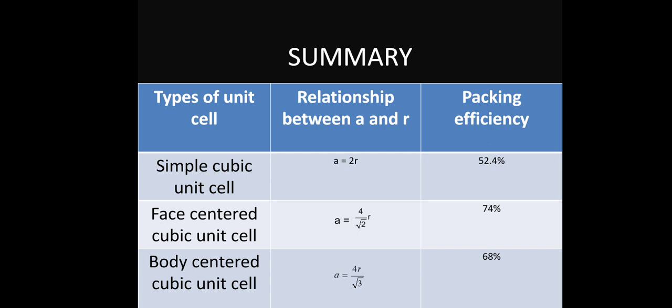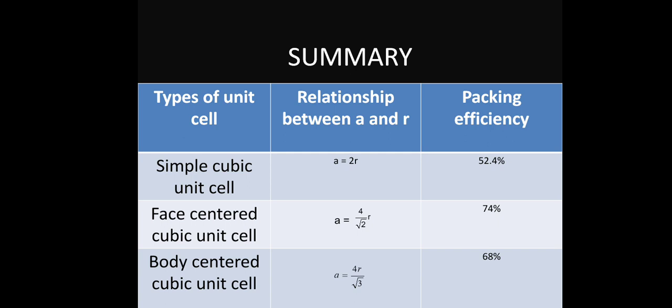Many questions are asked relating to this particular relationship. So A will be equal to twice R, and the packing efficiency for a simple cubic unit cell is 52.4%. For a face-centered cubic unit cell, A is equal to 4 by root 2 R, and it has 74% packing efficiency. And for a body-centered cubic unit cell, A is equal to 4R by root 3, and the packing efficiency is 68%.